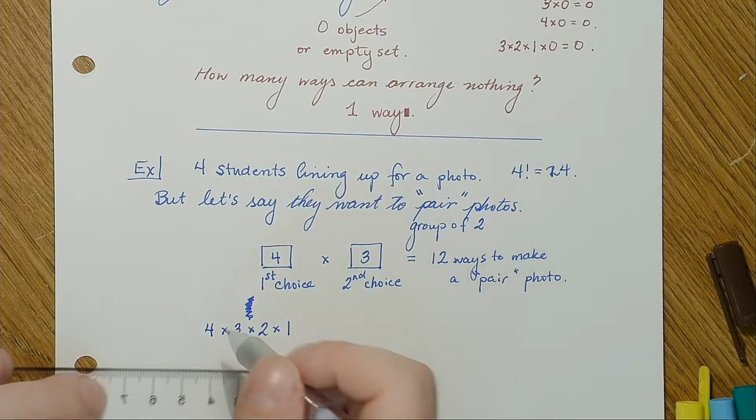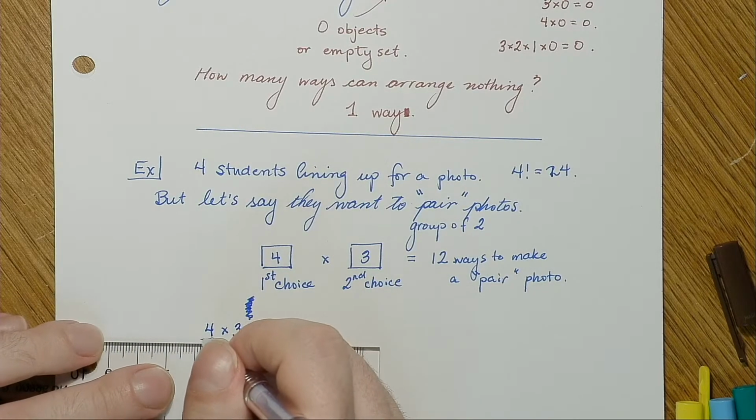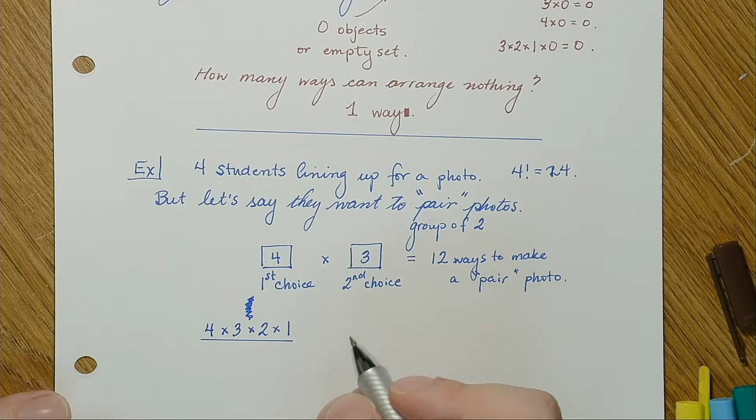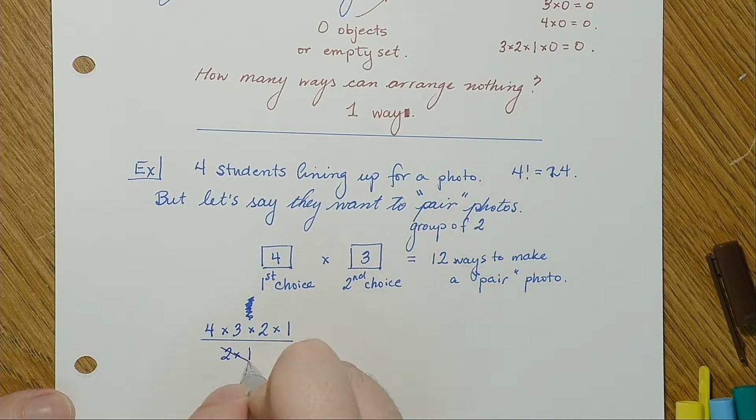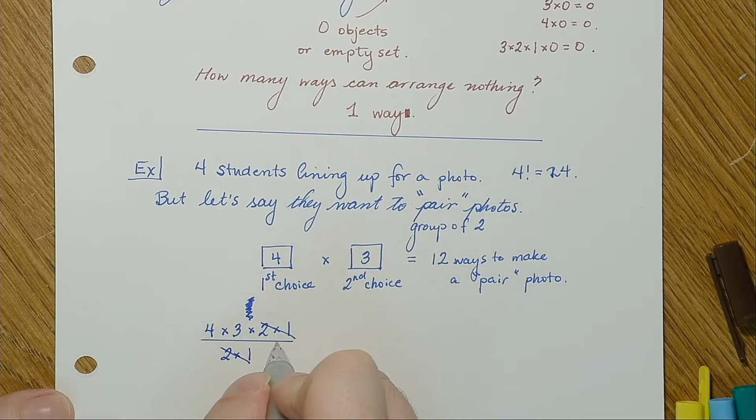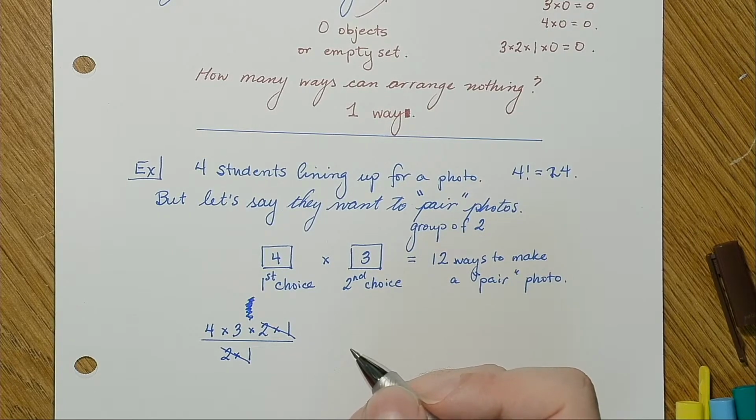And now we need to cancel out 2 times 1, which would give us 4 times 3. So we actually come up with a notation for this.